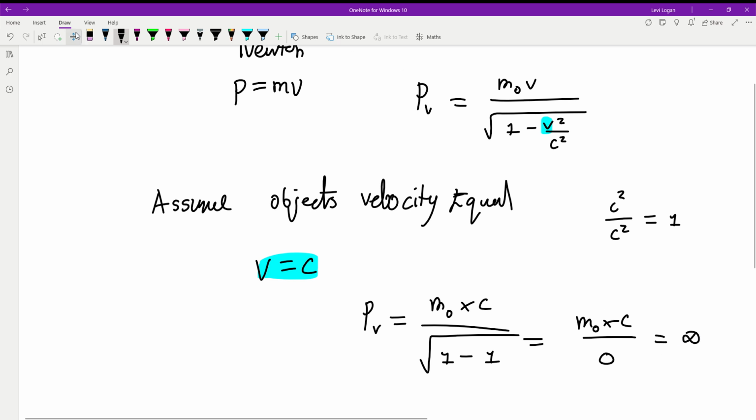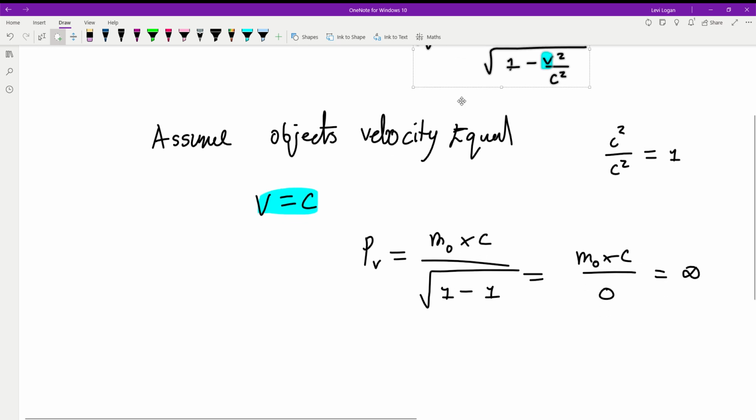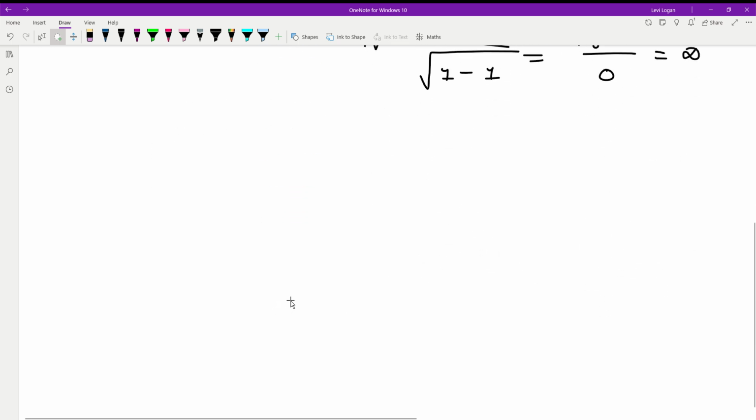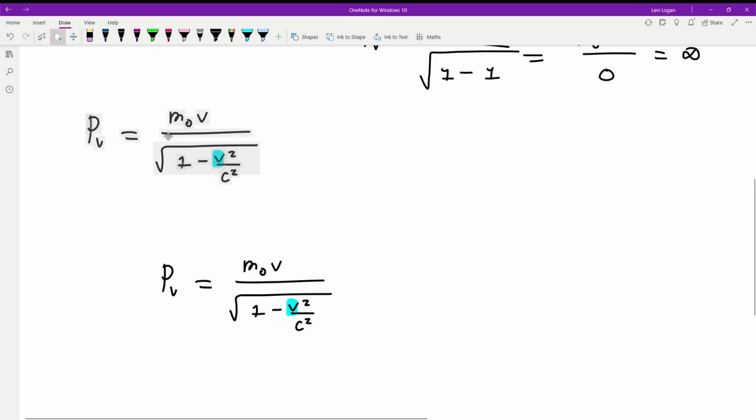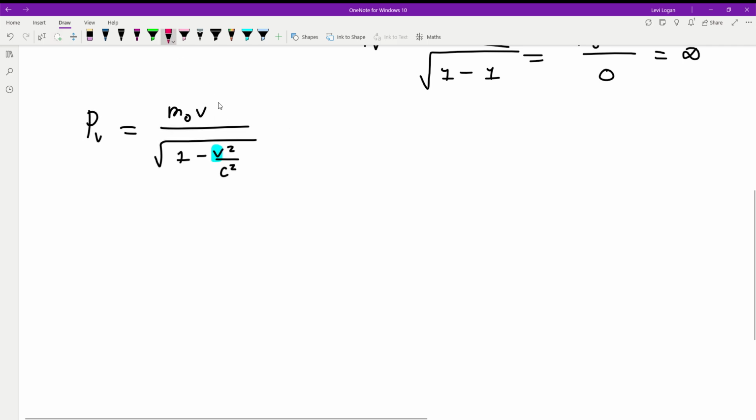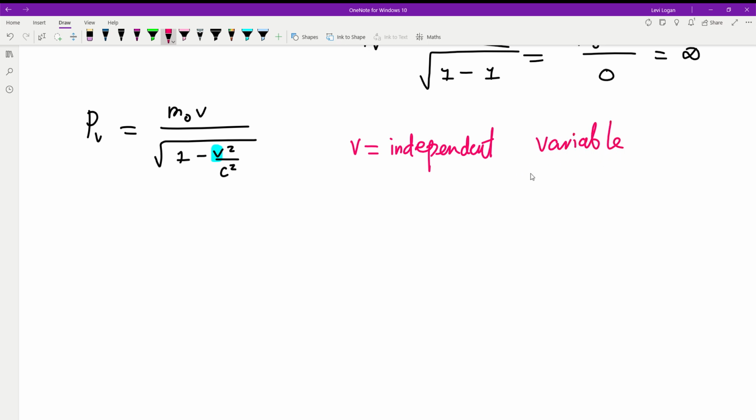So if we were to actually graph this equation, if we kept the mass constant, and the only things that were changing, so your variables, are your velocity, so v is your independent variable, and p, your momentum, is your dependent variable.